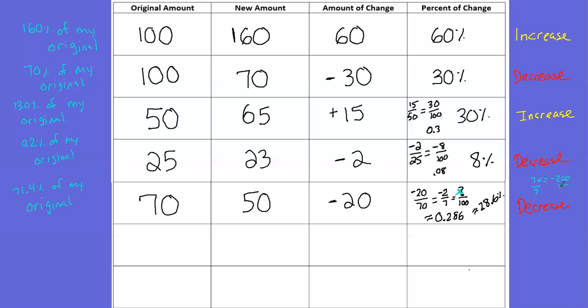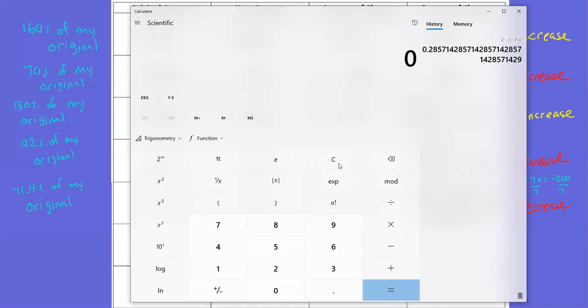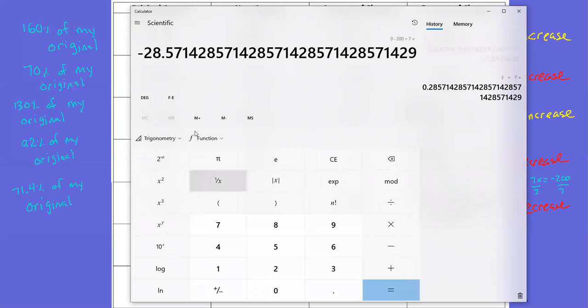But anyway, just to finish this up, if I take negative 200 divided by 7, that should give me that negative 28.6 number. So let's do that. Negative 200 divided by 7. I'm not sure if I can type in a negative here. I can't. I'm just going to do 200 divided by 7 and then realize that's what the negative is in there. So it's negative 28.6.